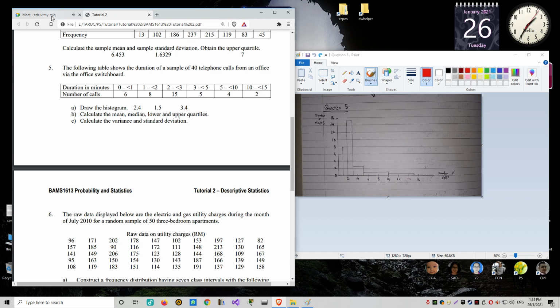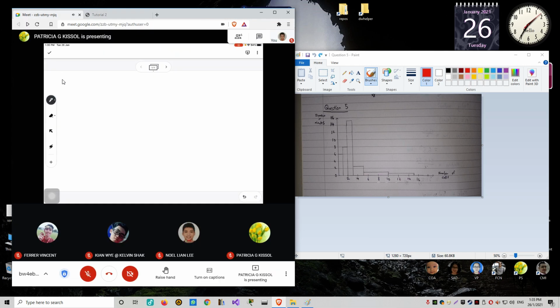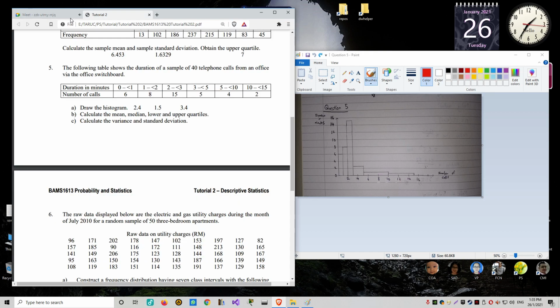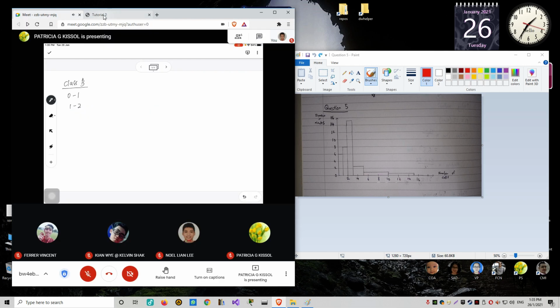We have duration. That means the class boundary first. That's your class boundary. So you have 0 to 1, 1 to 2, 2 to 3, 3 to 5. Now notice when you're solving this kind of question, it's always best to have a table.